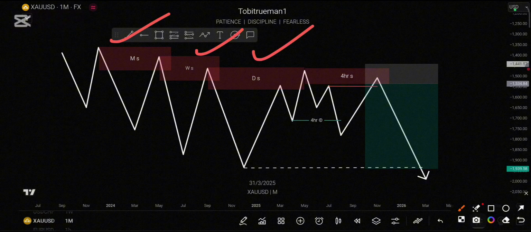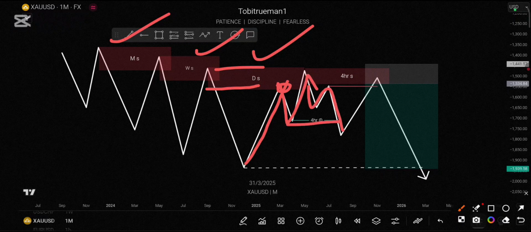Now, instead of us entering the trade directly on the daily, if you want to enter on another lower time frame, which is the 4-hour, the same number 2 entry model applies, whereby we want the 4-hour to tap into the daily zone, give a change of character, and then probably make all the types of structure. And now we are using the extreme supply zone on the 4-hour to take our trade, and then we are going to be selling accordingly.